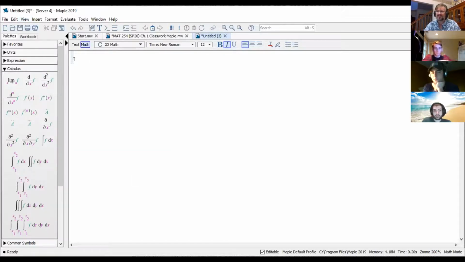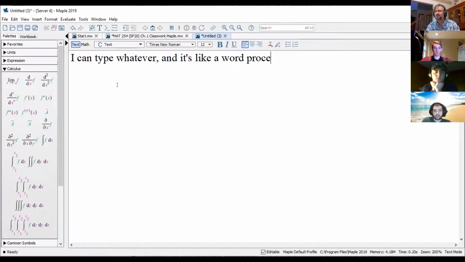And you'll notice the cursor is blinking on a slightly shaded box. That means it's math text. If I just click up here and switch over to text, now I can type whatever, and it's like a word processor.